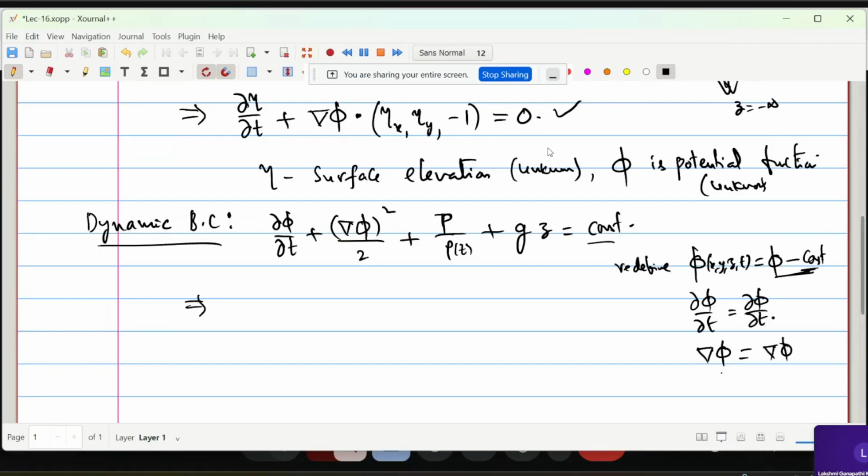That constant anyway becomes zero, so I can remove it.